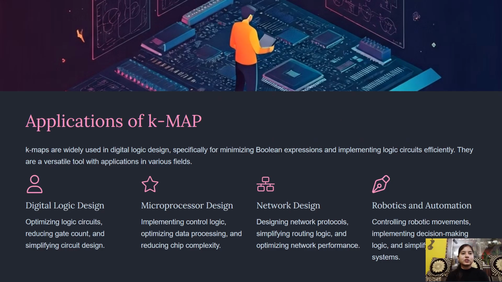Coming to the applications of K-map. K-maps are widely used in digital logic design, specifically for minimizing Boolean expressions and implementing logic circuits efficiently.